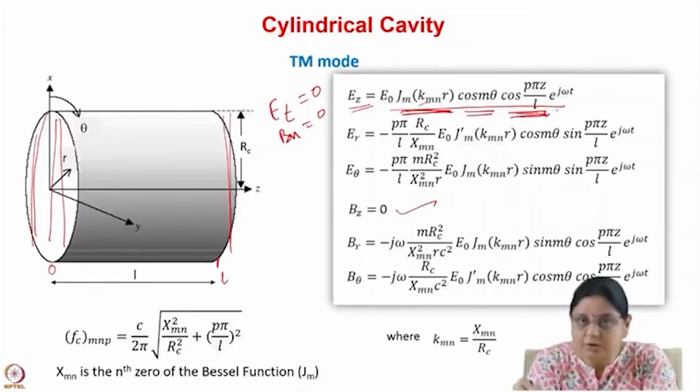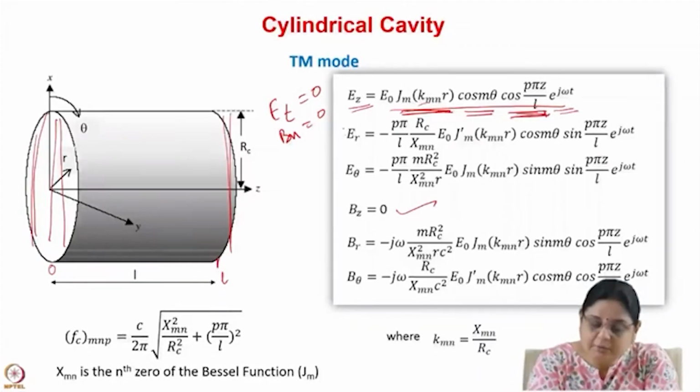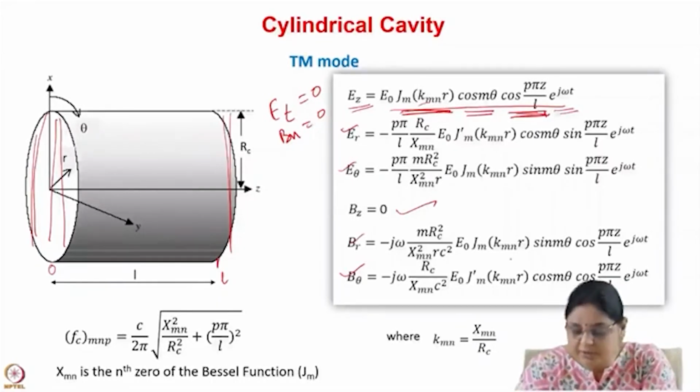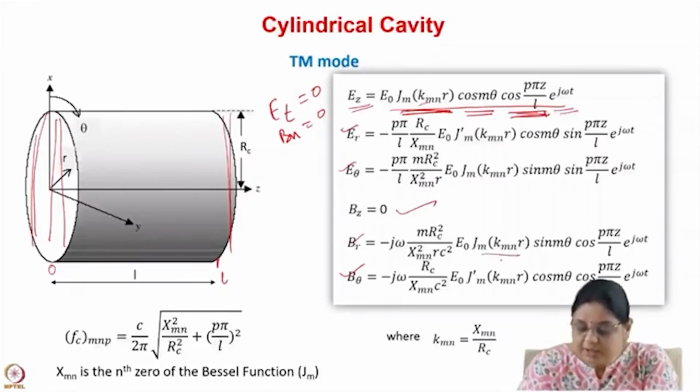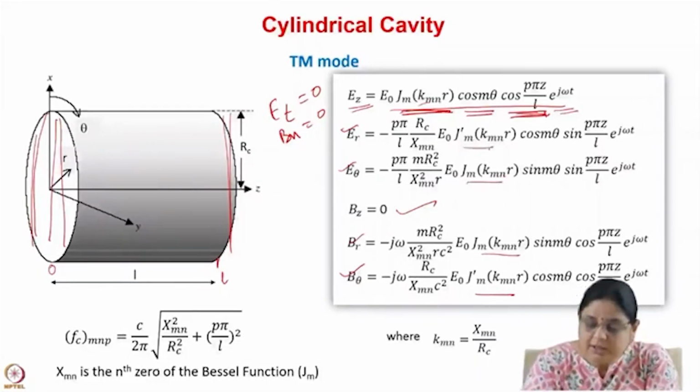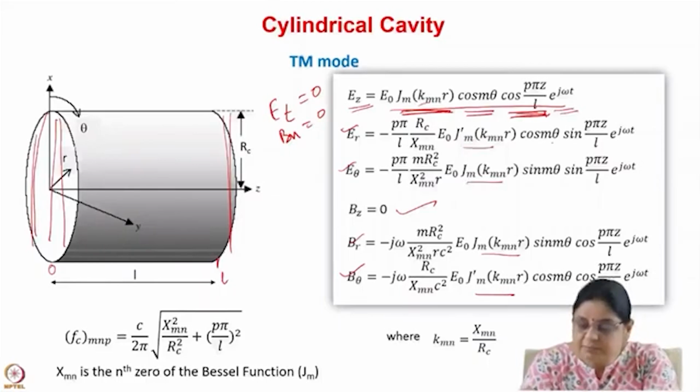It's not a propagating wave, it's a standing wave in all the three directions R, theta and Z. From Ez you can find out the values of ER, E theta, BR and B theta, and they are shown here. Everywhere notice that the variation in R depends upon the Bessel function or the derivative of the Bessel function, whereas the dependence in the theta and Z direction are sinusoidal.